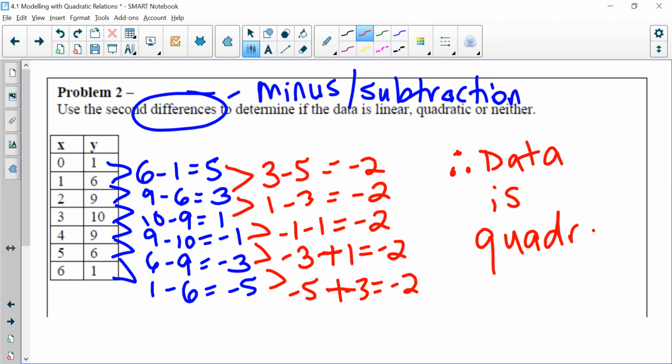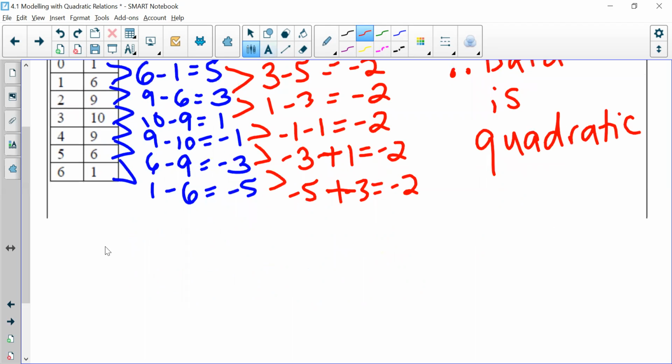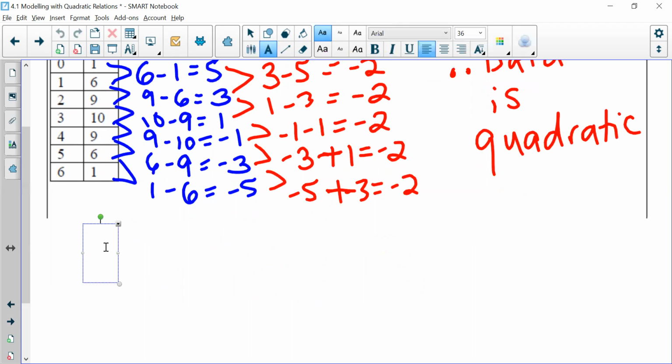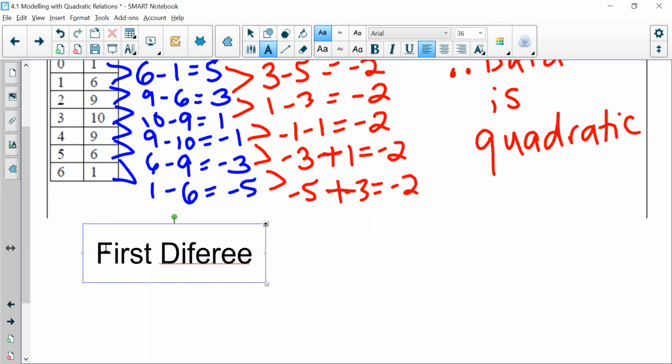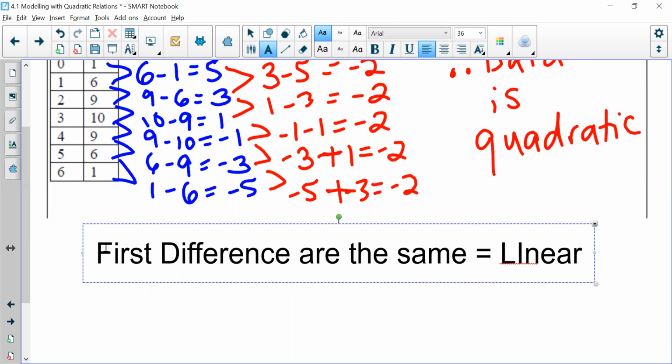So if the first differences are the same, the first time you do it, then it's going to be linear. If the second differences are the same, then it's quadratic. But if neither of them is the same, then it's neither. So first differences are the same equals linear.